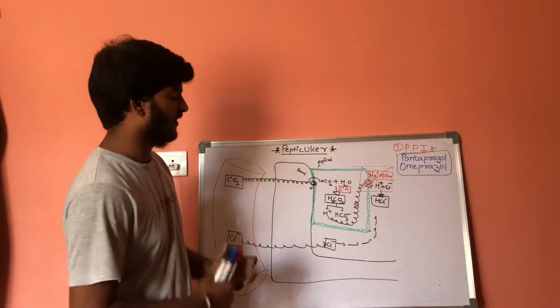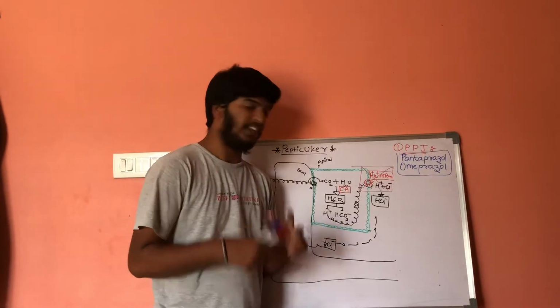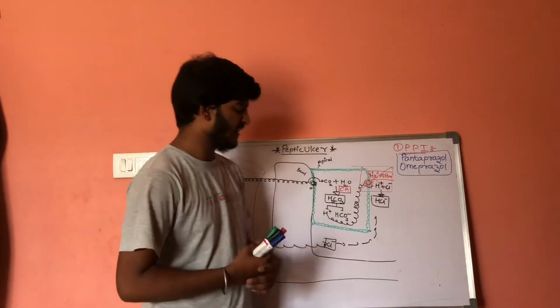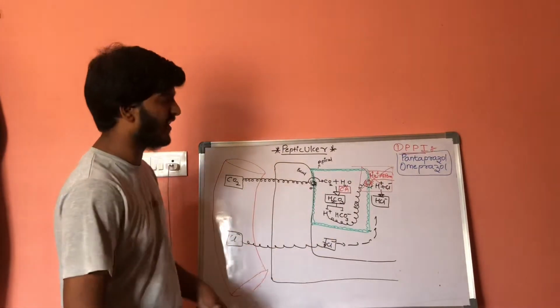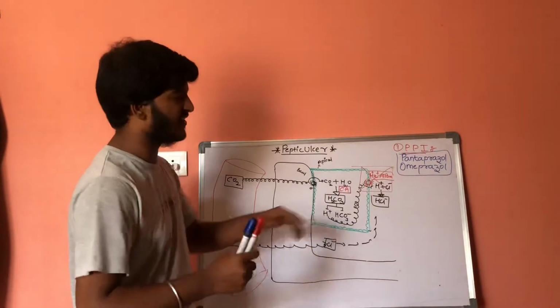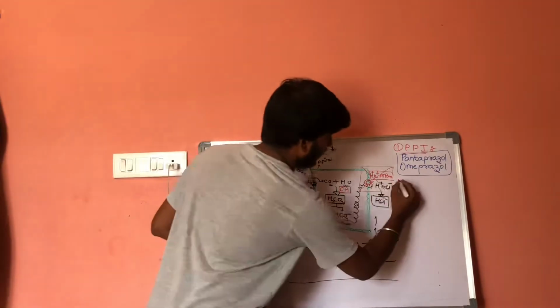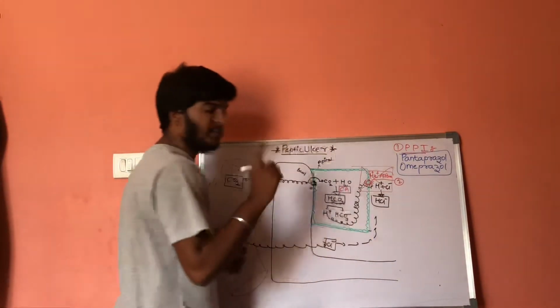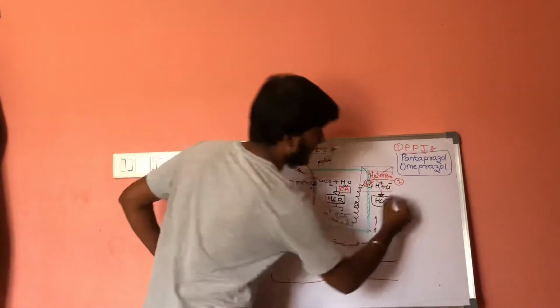Now, there is another class of drugs. Inside the stomach, if there is excessive secretion of acids, there are certain drugs which neutralize the acidic nature. This special group of drugs is called antacids.